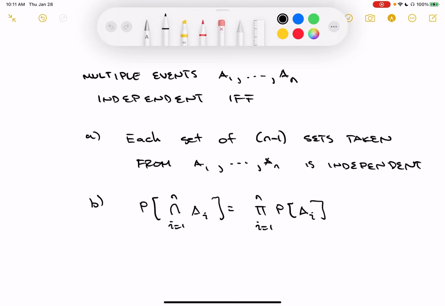My guess is that most people would have guessed this second part, knowing what we had said about independence for pairwise objects, that independent events A1 and A2 would mean that the probability of the intersection of A1 and A2 gives us the probability of A1 times the probability of A2. The one that might not have been quite so obvious is this idea that you have independence at that larger level also requires independence at the smaller level. And you can get condition B to hold without condition A being held.